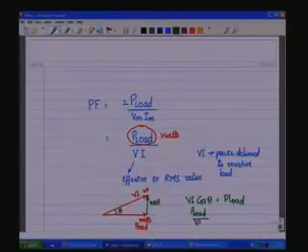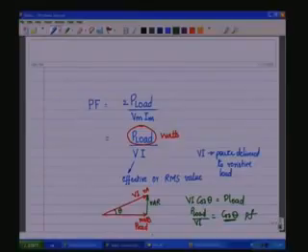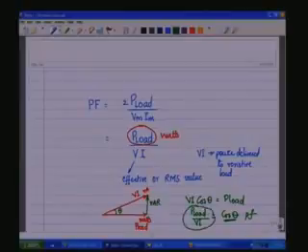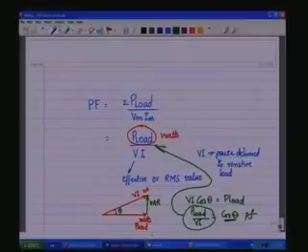or P load by VI is cos theta, which is the power factor that we have been talking of in sinusoidal wave shapes all along. And look at the comparison of these two equations: the general equation and the specific case for the sinusoidal condition are one and the same.